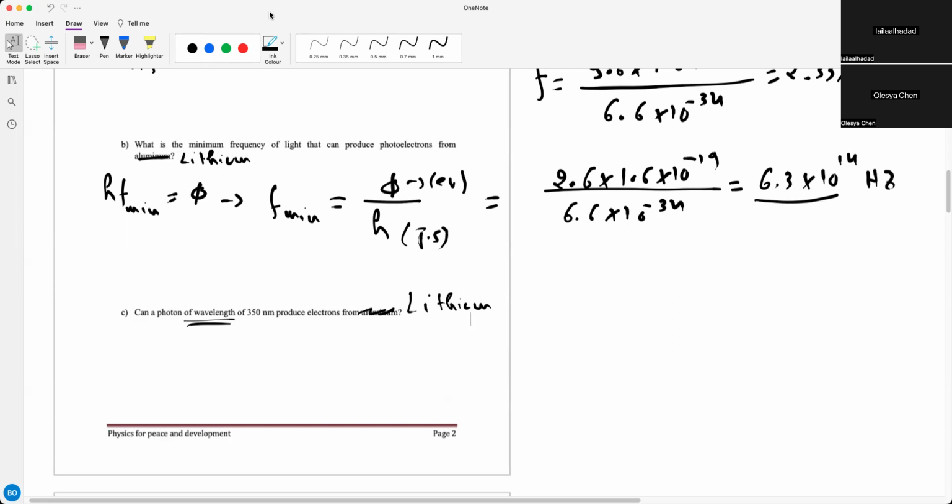The work function needs to be equal to or greater than the energy, no, the radiation. So equal or smaller? Smaller, okay. Yeah, so the radiation must be equal or bigger than the work function.